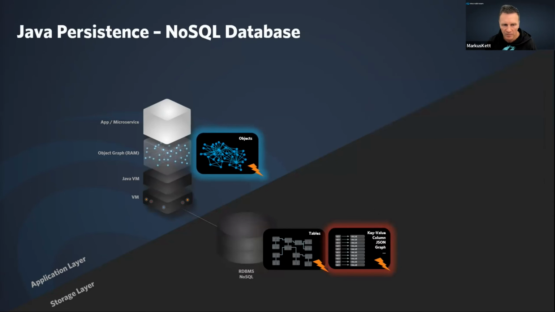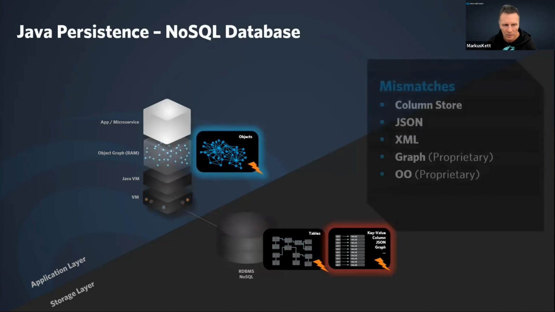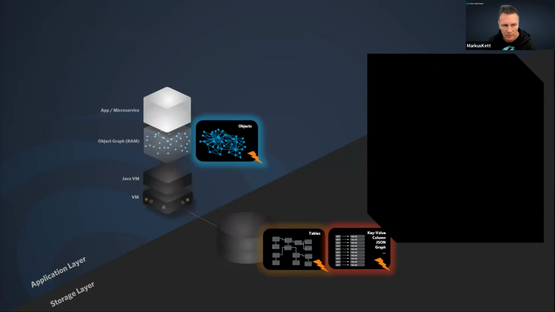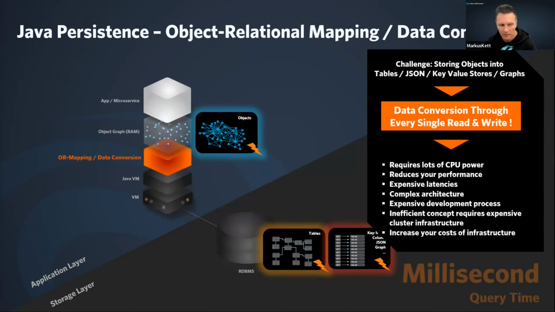And this is pretty much the same when we use a NoSQL database, because all of these data structures are also incompatible with Java object graphs. So this is the reason why we need an object relational mapping or a data conversion with NoSQL databases.